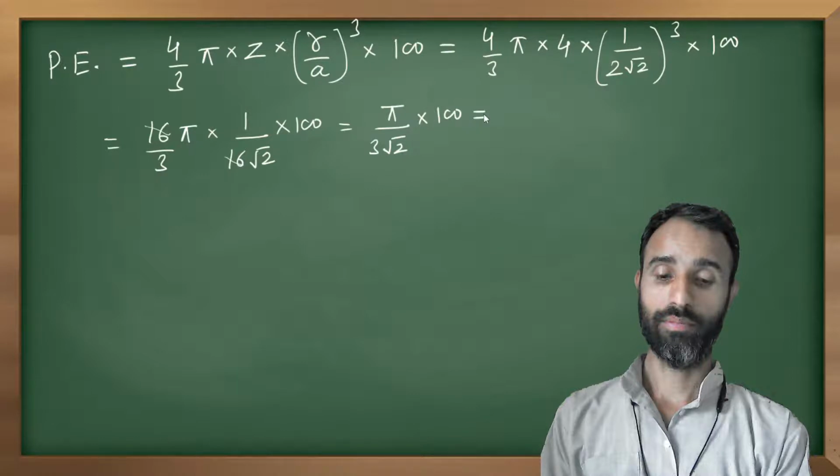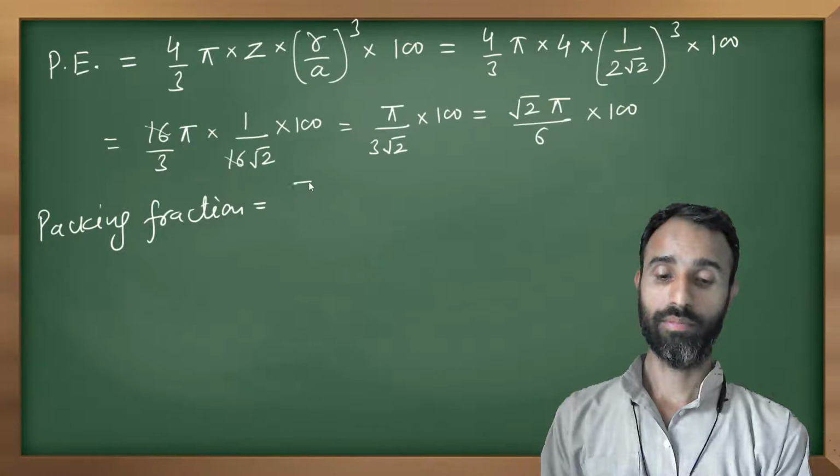Just multiply by root 2 in the numerator as well as denominator. So it comes out to be root 2 pi by 6 into 100. So packing fraction for FCC is root 2 pi by 6, and it is 0.74.